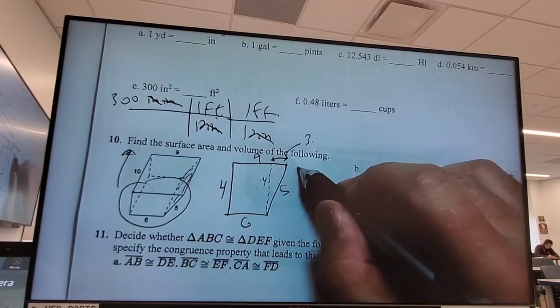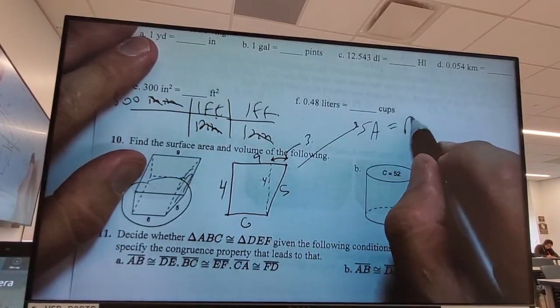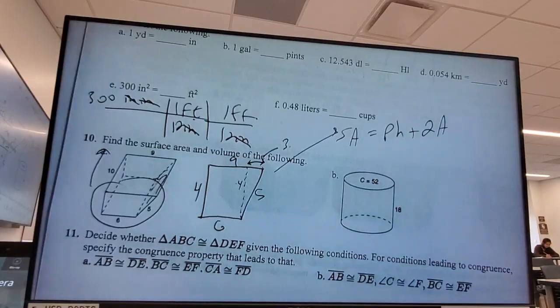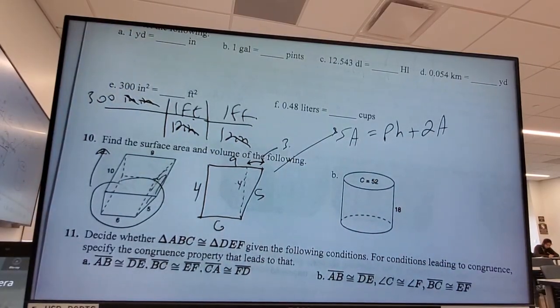So a quick way to do the surface area would be perimeter times height plus 2 area of the base, because I have 2 trapezoids. I've got the front trapezoid and I've got the back trapezoid.